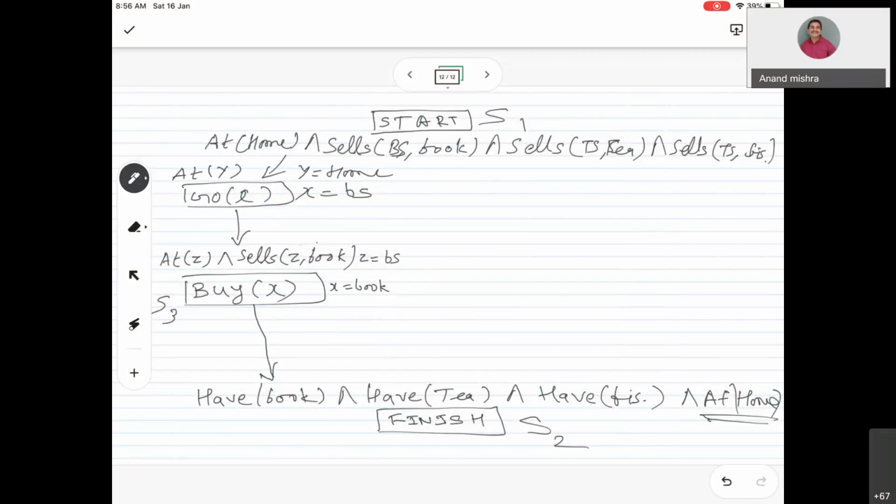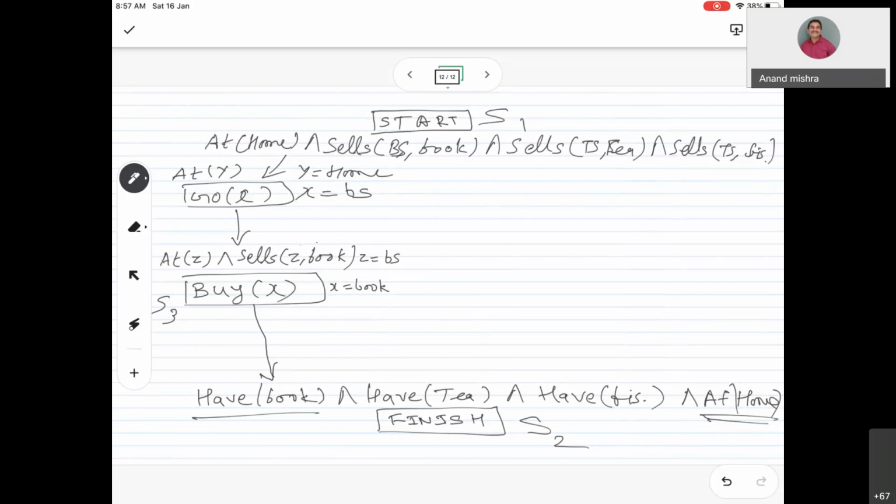So the precondition is satisfied at home. So without doing anything at home, you can go to bookstore. Y is equal to home. Yeah, you can go to X, go to bookstore, and after going to bookstore, you can buy X, that is buy book, and have book is satisfied. This part we have done.